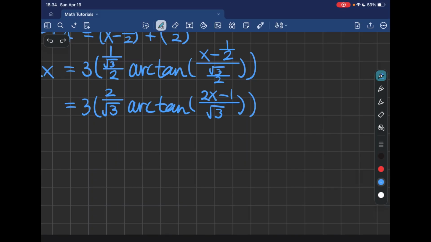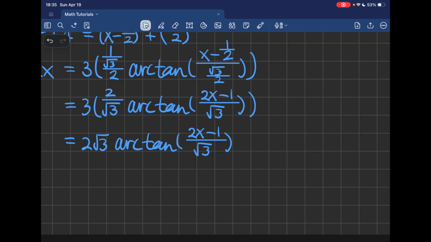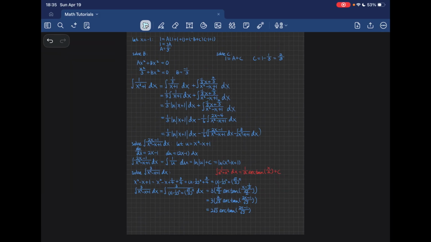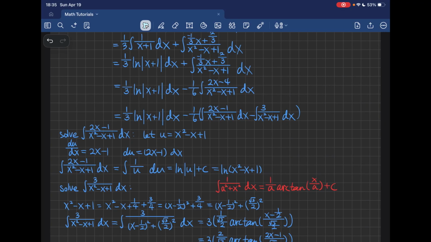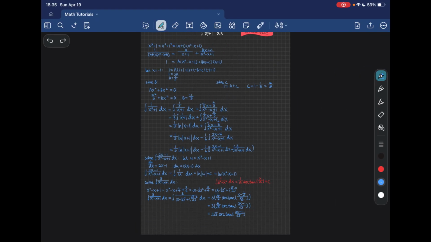So in the end, we just have 2 times the square root of 3 and then times this thing. So now we actually solved for all the separate parts, and let's just put them together, make sure they're multiplied by their fractions and in the correct signs. So let's just assemble everything and you will get the final answer.